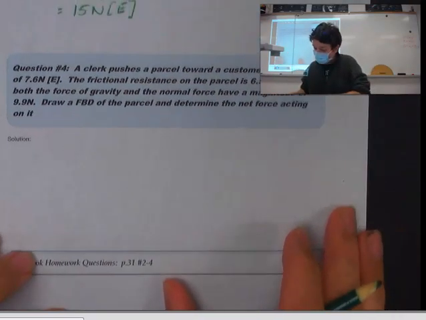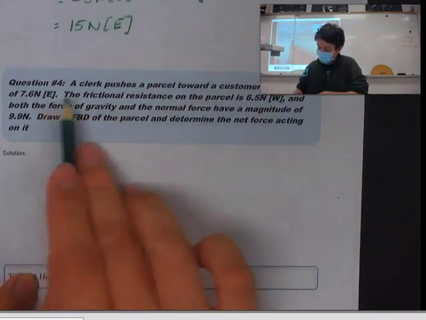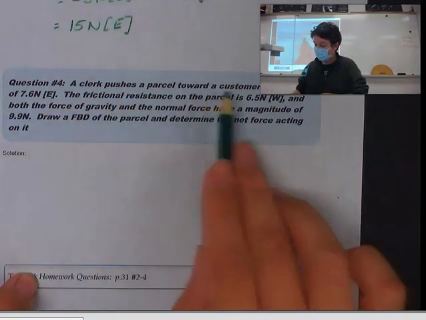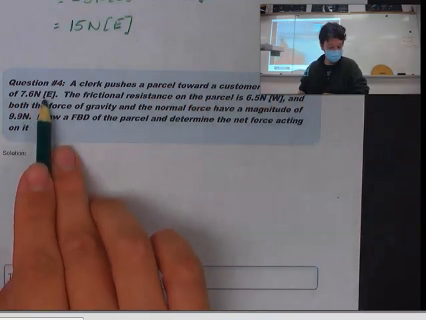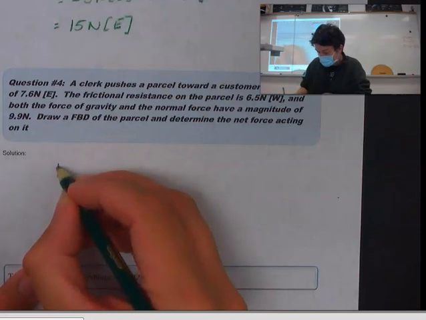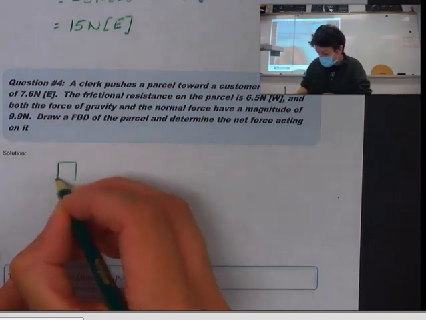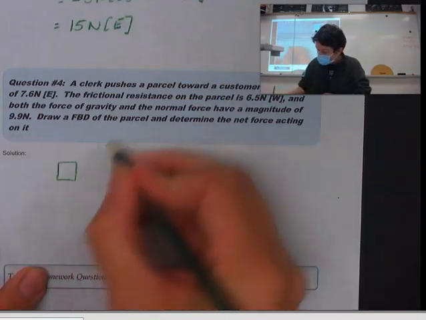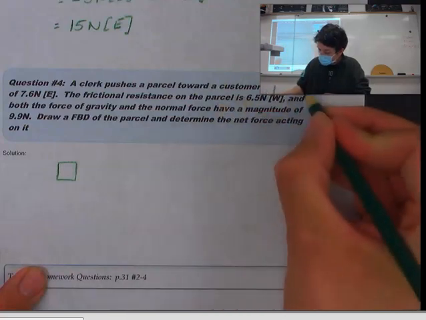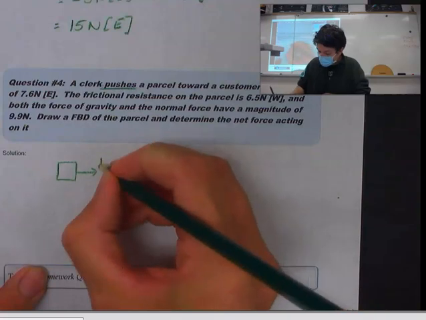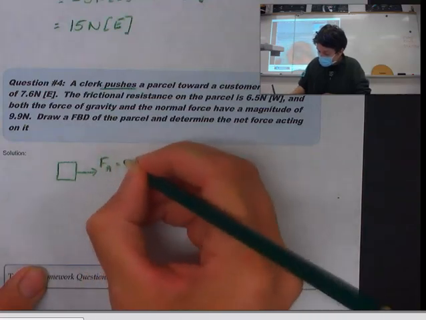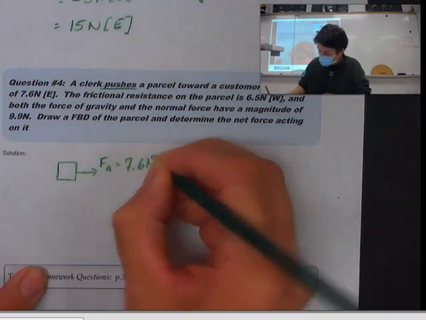All right, so last question in this lesson. Here we have a clerk pushes a parcel towards a customer with a force of 7.6 newtons. So let's sort of draw this as we go, because this is a wordy question. So it's pushing, so that's an applied force, and it's east, so we'll write our applied force equals 7.6 newtons east.